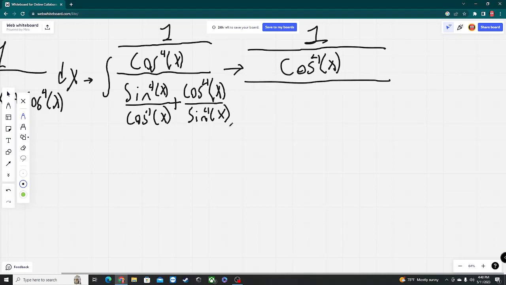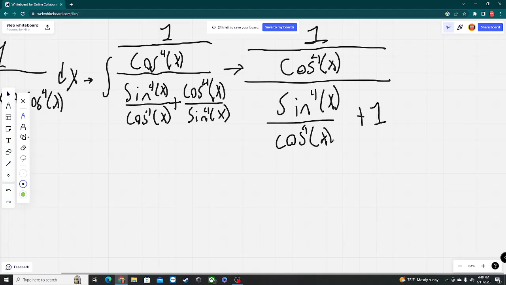Remember, we're going to have sine 4th. We're just going to make cosine of the 4th x over sine of the 4th x a 1. Put a cosine 4th x here.